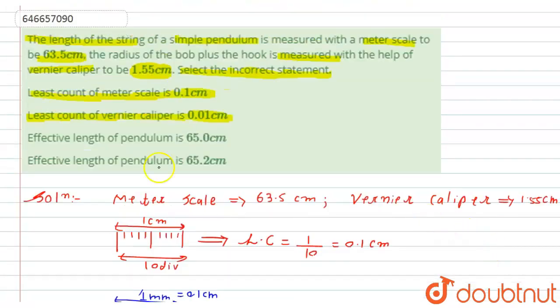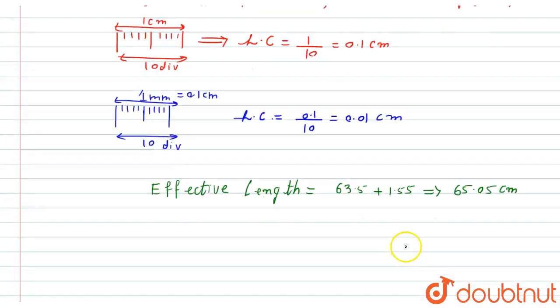If we see here, for the first one we have only 3 significant digits. Here also we have 3 significant digits. So the answer should be up to 3 significant digits. That means it will become only 65.0, this 5 will be neglected.